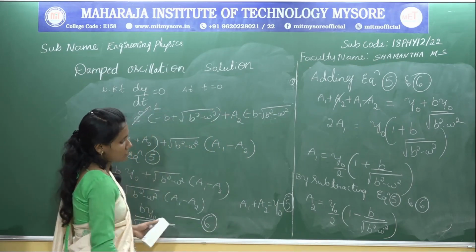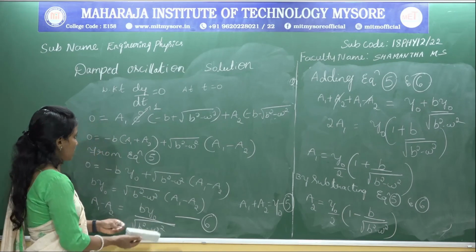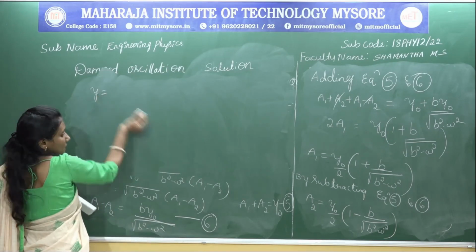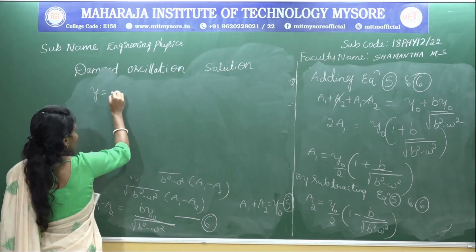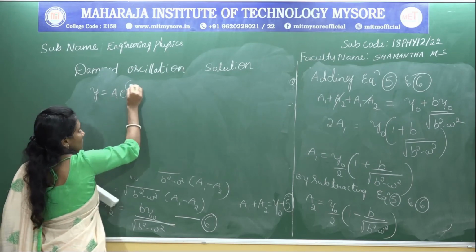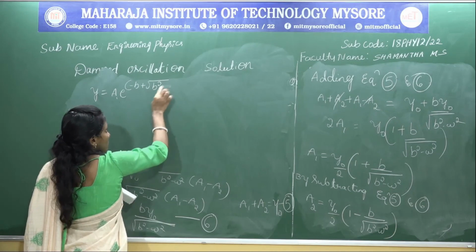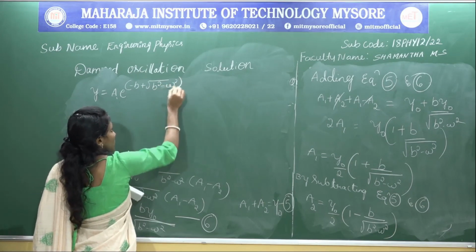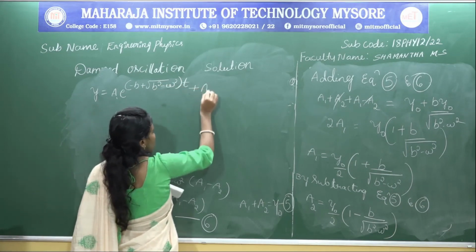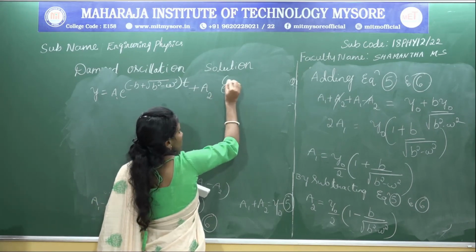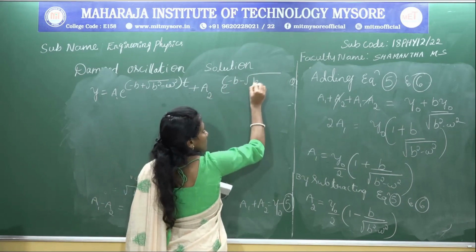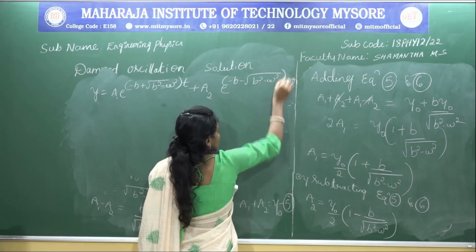Now we have to substitute these a1 and a2 values in the assumed solution, that is y is equal to a1 e to the power of minus b plus root of b square minus omega square into t plus a2 e to the power of minus b minus root of b square minus omega square into t.